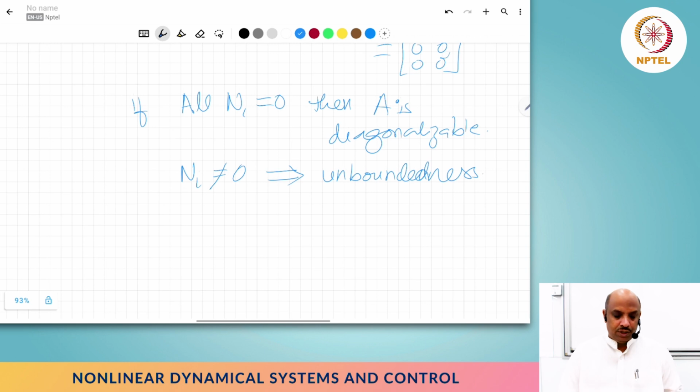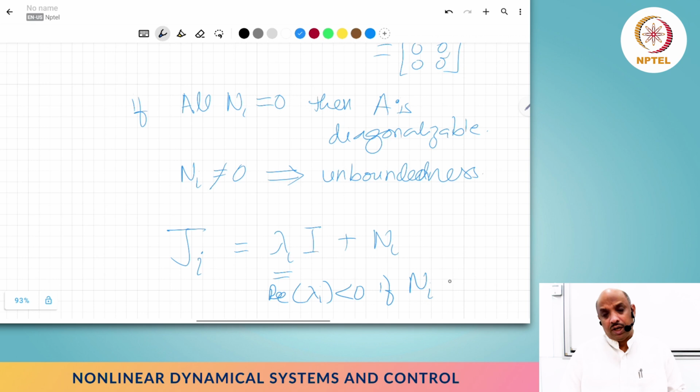But essentially, it boils down to whether a particular block has this form, right? You can have Ni 0 or not. But if Ni is not 0, the only thing that can save you is that the real part of lambda i has to be less than 0 if Ni is non-zero.